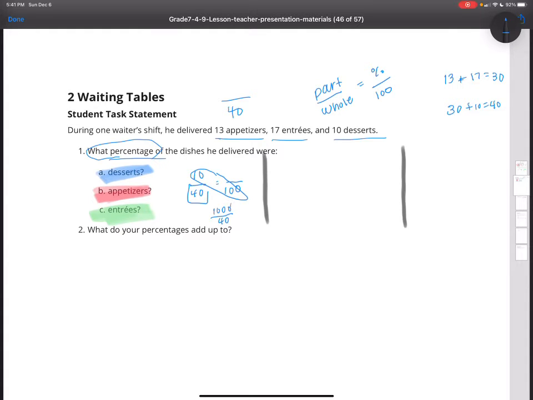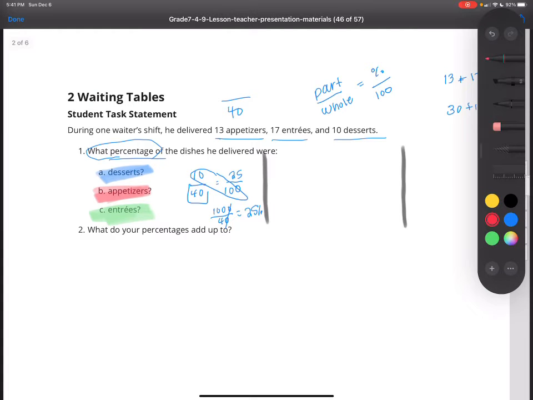Then I can scratch out the zeros, because that's like simplifying the fraction by 10. Then I have 100 divided by 4, and 100 divided by 4 is 25. So therefore, it would be 25%. Think of it as how many quarters are in a $1 bill. There are 4 quarters in a $1 bill because a quarter is 25 cents. Anyways, to the next one, which is the appetizer.